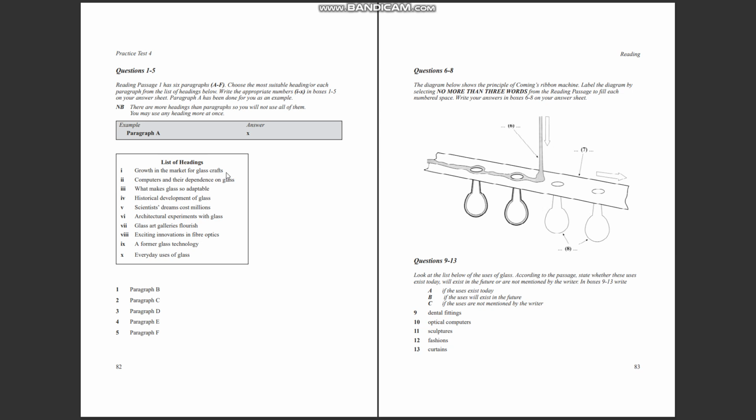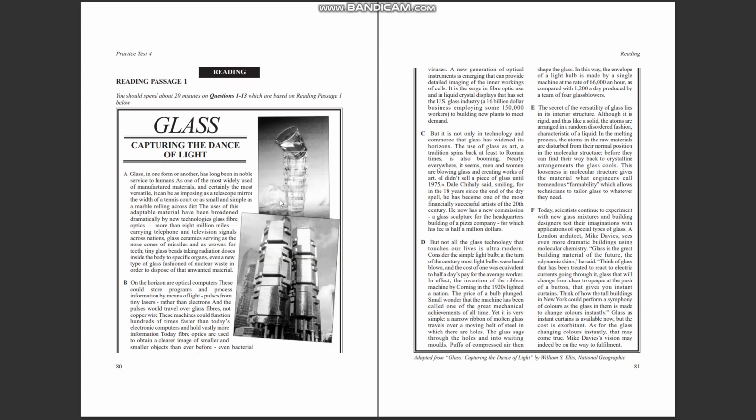Growth in market for glass craft, computers and their dependence, glass so adaptable, historical development of glass, scientist's dream cost million, architectural experiment with glass, art galleries flourish, exciting innovation in fiber optics, former glass technology, everyday uses of glass. So if we look at these options, then this option X, former glass technology, and historical development of glass. So I'm confused between these two.